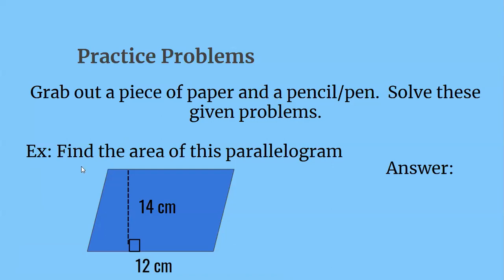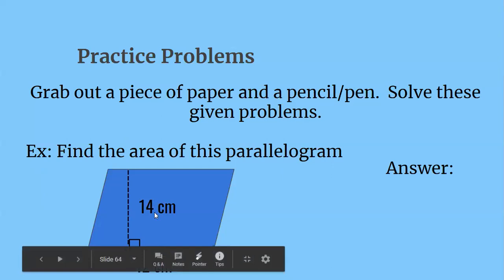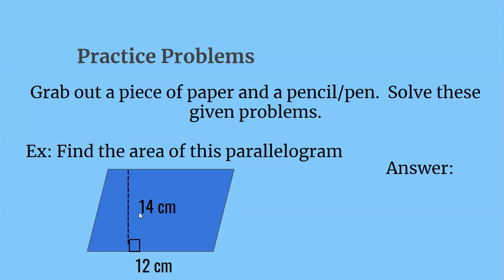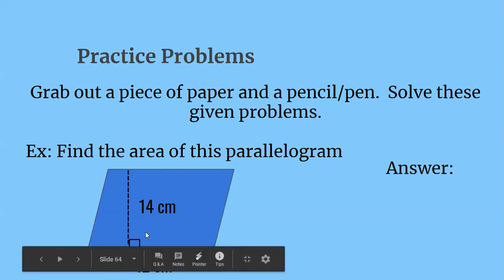So for the example, find the area of this parallelogram. We got 14 centimeters as the height and 12 centimeters as the base. We start off by writing out the formula: area equals base times height, A equals BH.